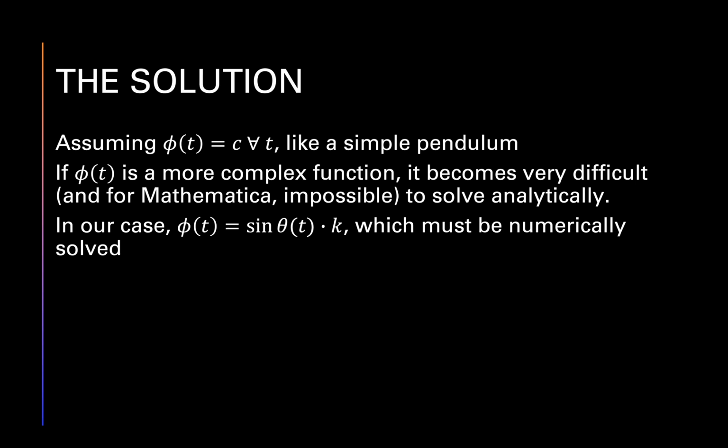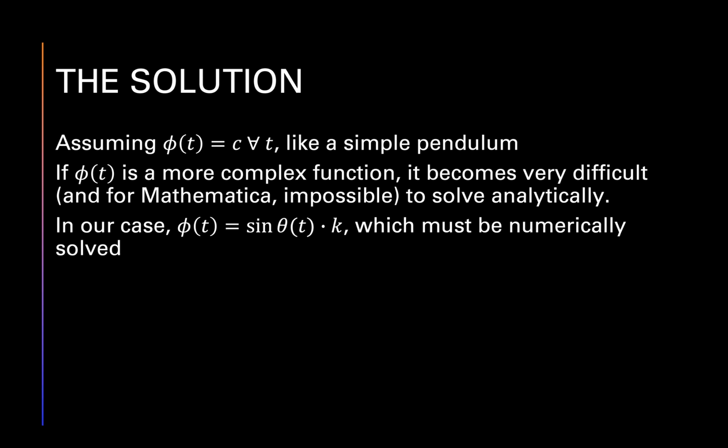If our phi of t, which is an equation describing the motion of the extra mass with respect to time, is some constant, or 0 more ideally, it behaves more or less like a simple pendulum in that it's just a mass on some fixed length. If phi of t is a more complex function, it becomes very difficult to solve, and not even Mathematica is able to solve it analytically.